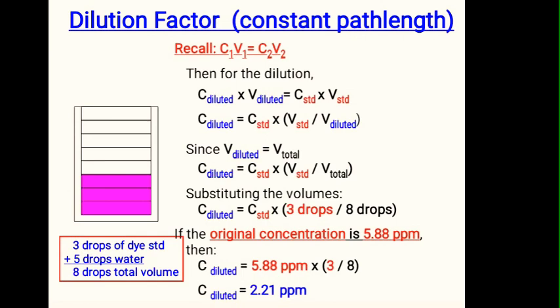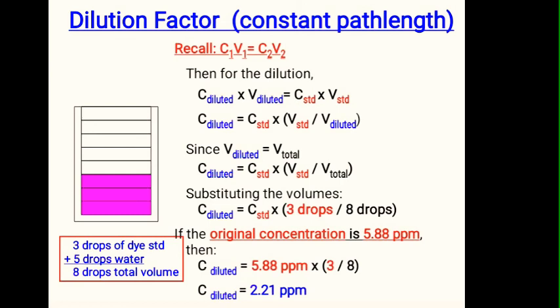Next, dilution factor, constant path length. Recall C1V1 = C2V2. Then for the dilution, C diluted × V diluted = C standard × V standard. Next, C diluted = C standard × V standard / V diluted.